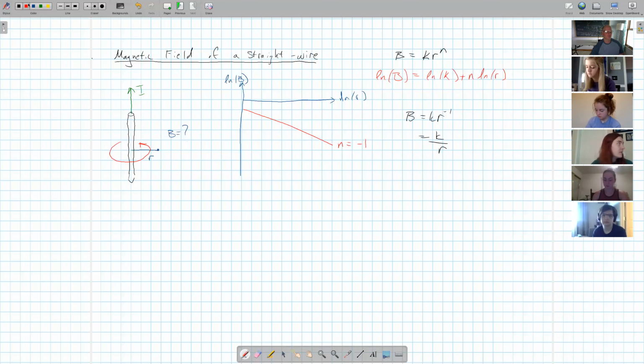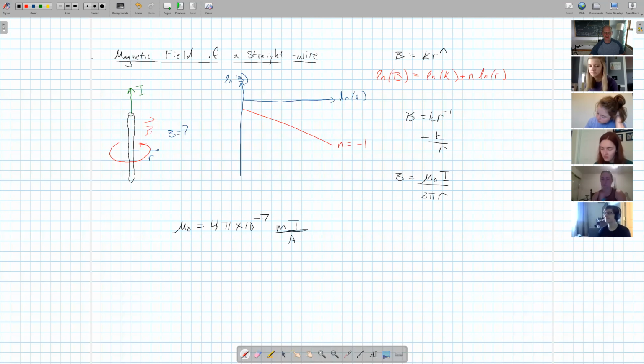So this is our magnetic field B. What this also tells me is that if I am at the center of the wire and go to some distance R away, the magnetic field falls off as 1 over R. If I did some more experiments, I would find that the magnetic field of a straight wire is given by μ0 times the current, where K is the current, divided by 2 pi times R, where μ0 is equal to 4 times pi times 10 to the -7th, with units of meters times Teslas divided by an amp.